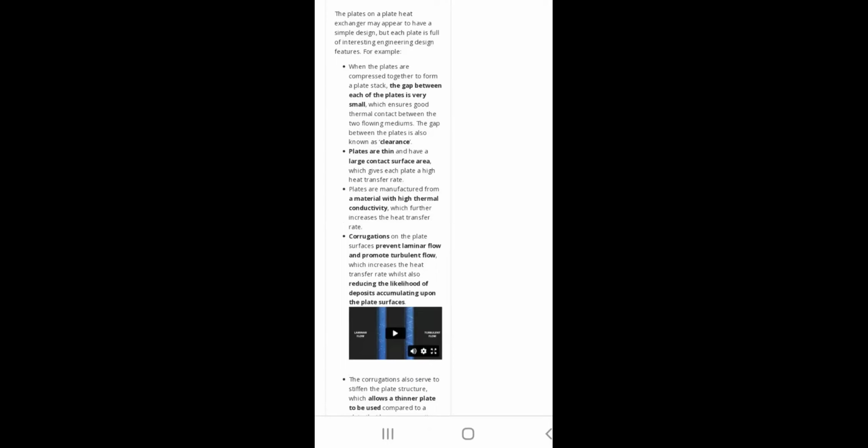Compared to laminar flow and turbulent flow, this is just for your information. What is laminar flow and turbulent flow? Why is turbulent flow given? Why are they promoting the turbulent flow with the corrugation?